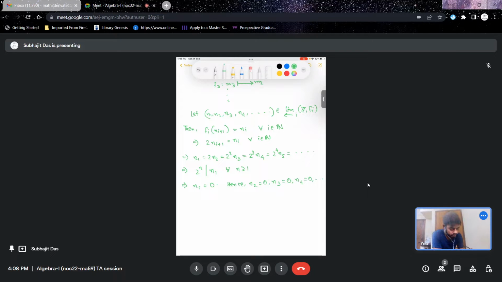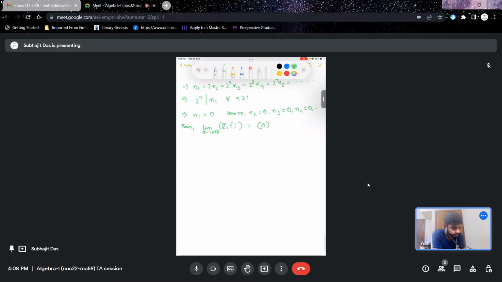Thus, in other words, the inverse limit of Z with the maps f_i is actually the 0 module. It's trivial, so it's a finite set. And then we are done. That finishes the proof completely.